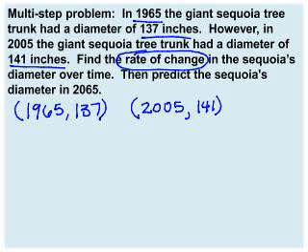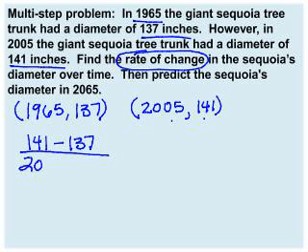Again, as I said, rate of change is slope, so we calculate this rate of change exactly the same way. So I'm going to take my y2 minus my y1, and again, as I showed you earlier, it doesn't matter which order you do them in, as long as the 141 comes first, so the 2005 comes first because they were an ordered pair. I'm just going to calculate this and simplify it.